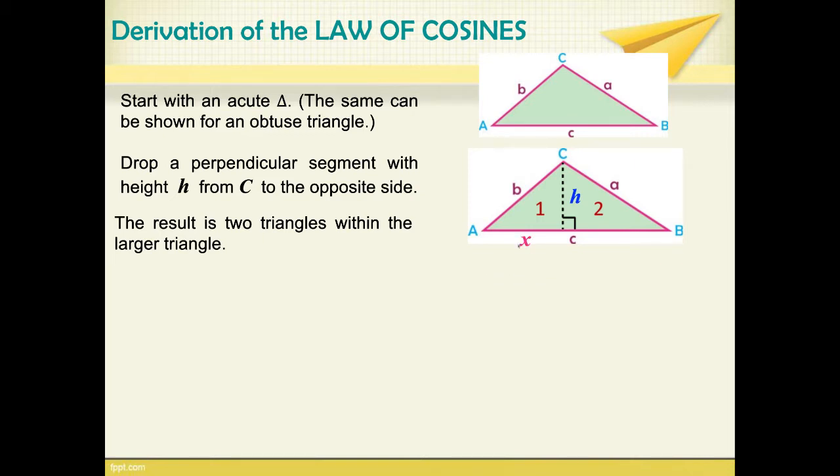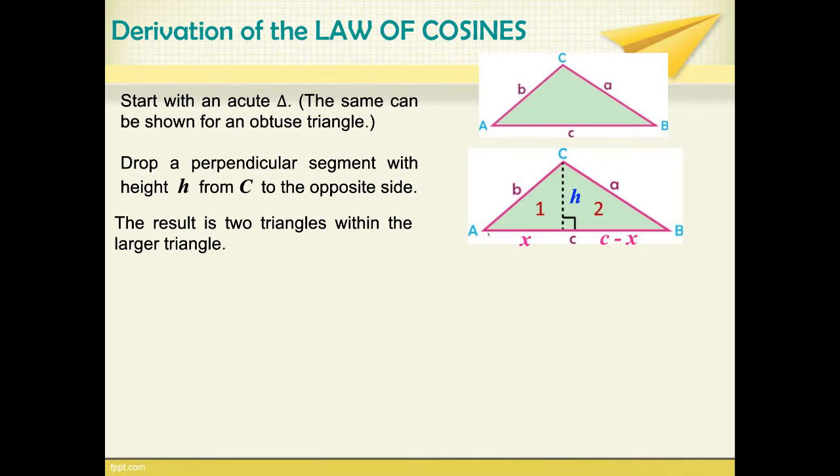Now, since the length of side AB is c, we let the length of this side be x. And so therefore, the length of this other side of AB will be c minus x.